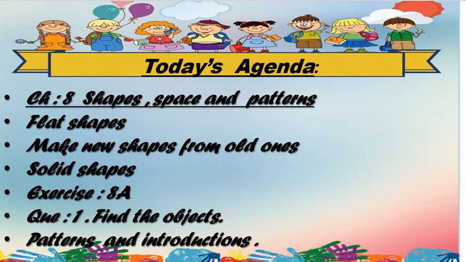Okay, my dear students, let's check today's agenda. Today we are going to revise and learn all these things. Chapter number 8, Shape, Space and Pattern. Flat shape: make a new shape from an old one. It means we have an old shape and we are making a new shape from it. Then solid shape.